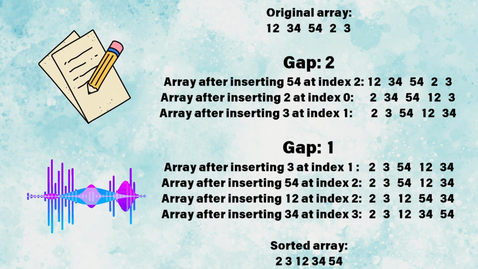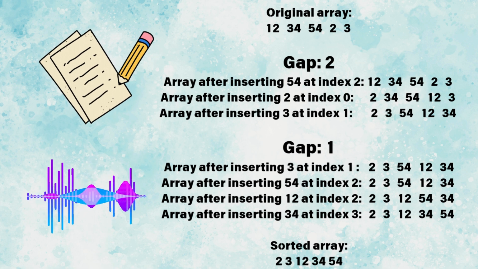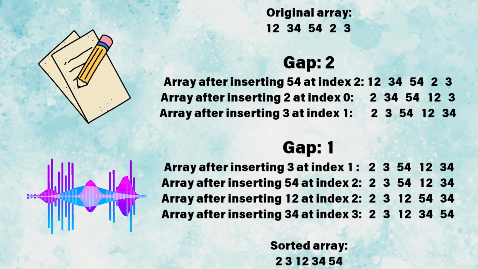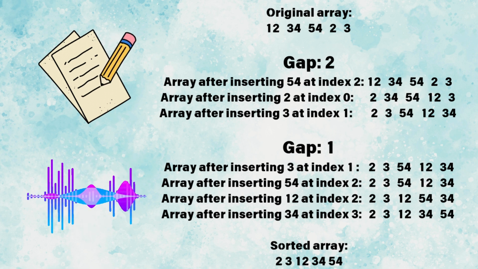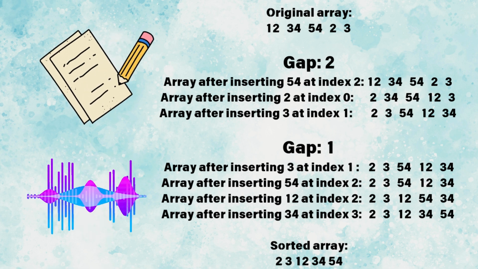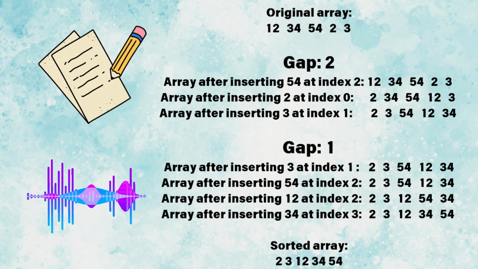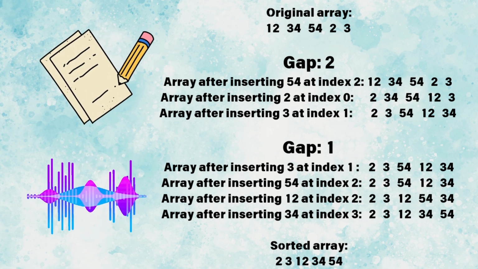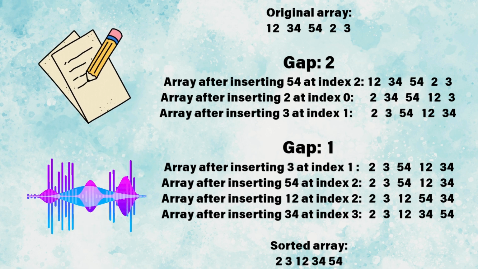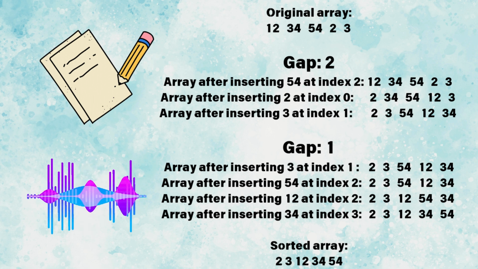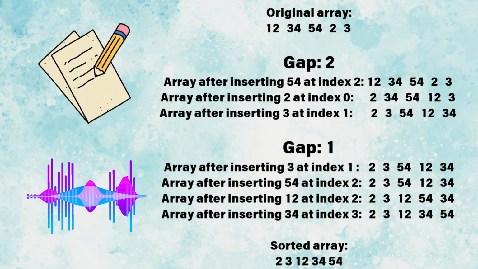Gap 2, array after inserting 54 at index 2: 12 34 54 2 3. Array after inserting 2 at index 0: 2 34 54 12 3. Array after inserting 3 at index 1: 2 3 54 12 34. Gap 1, array after inserting 3 at index 1: 2 3 54 12 34.